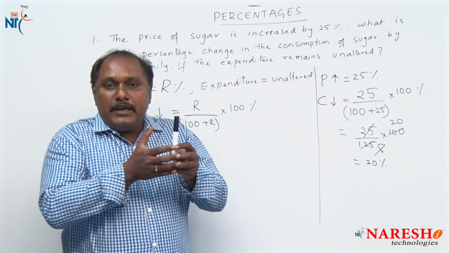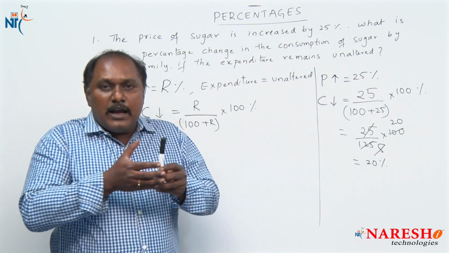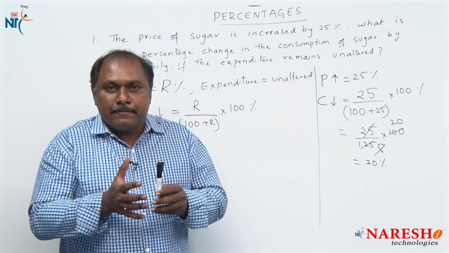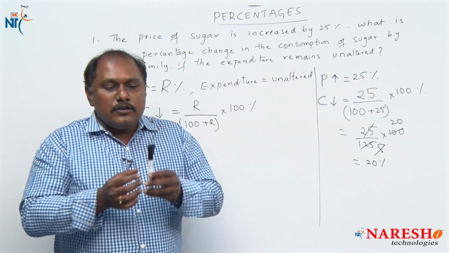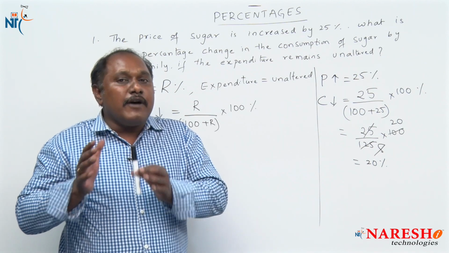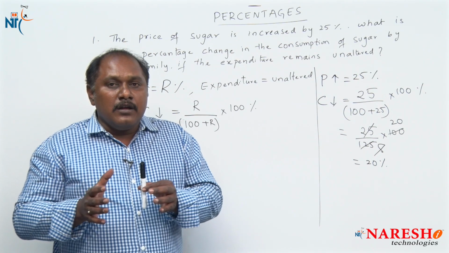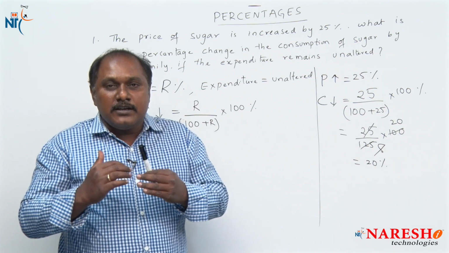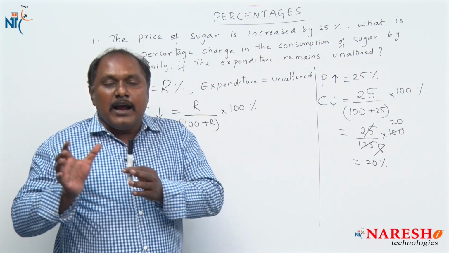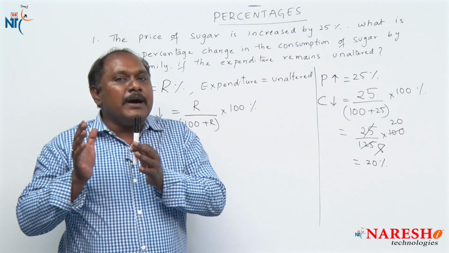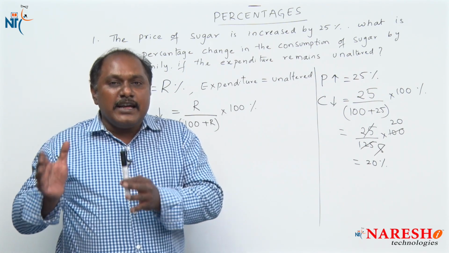Definitely if the price of each marker is 25 rupees and I want to purchase 10 markers, my expenditure will be 250, 25 into 10. So price per article into the number of articles gives you expenditure. Now 25 rupees is the price, 10 is the consumption, that is a quantity which I purchase, and 250 is the expenditure. So price multiplied by consumption gives us expenditure.